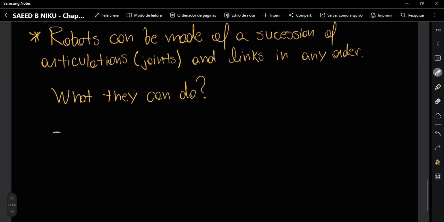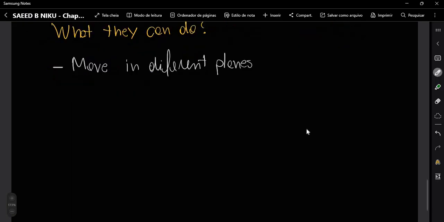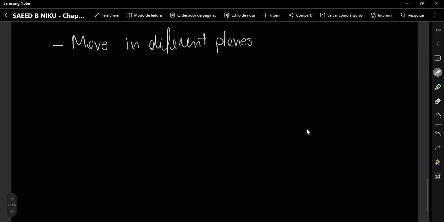So they can move in different planes. They can have links in any length.